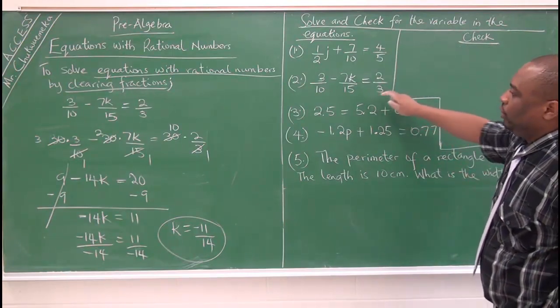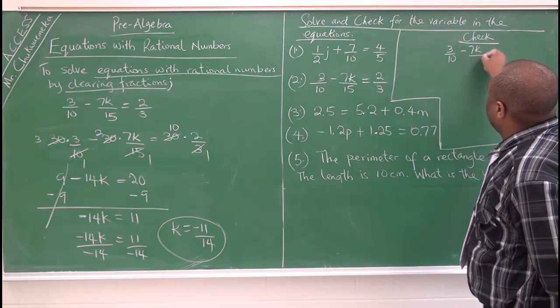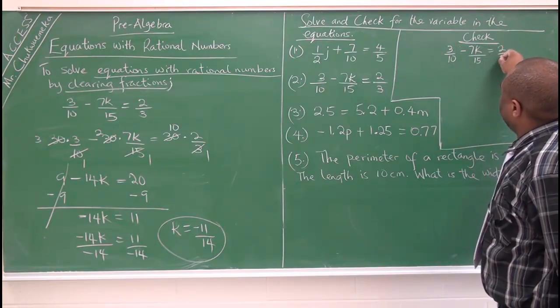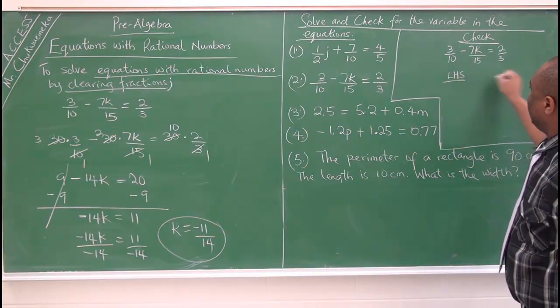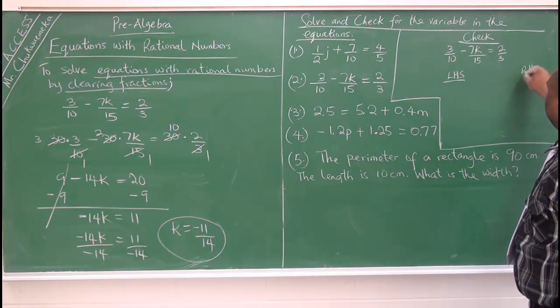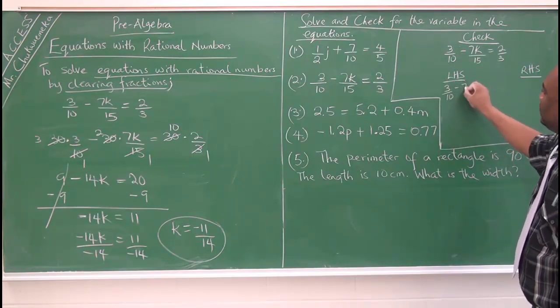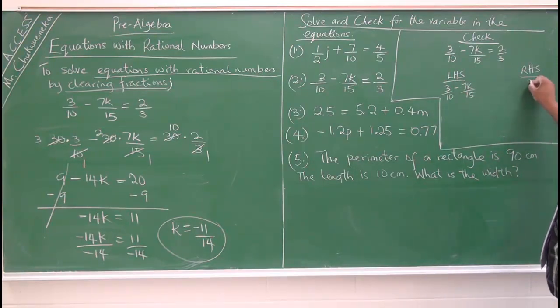We write the main equation, 3 over 10 minus 7k over 15 equal to 2 over 3. So we write our left-hand side and then our right-hand side. Our left-hand side is 3 over 10 minus 7k over 15, and our right-hand side is 2 over 3.